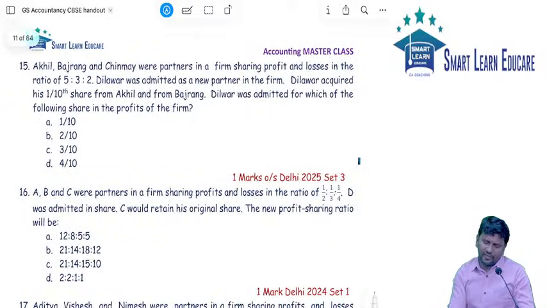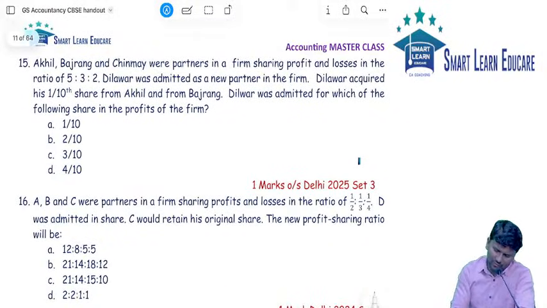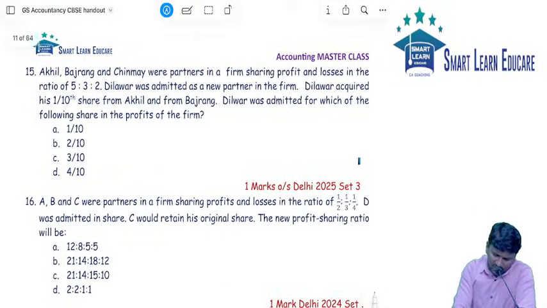கொஸ்டின் நம்பர் 15. Question number 15. A, B, C were partners. Profit sharing ratio 5:3:2. D is admitted as a new partner.